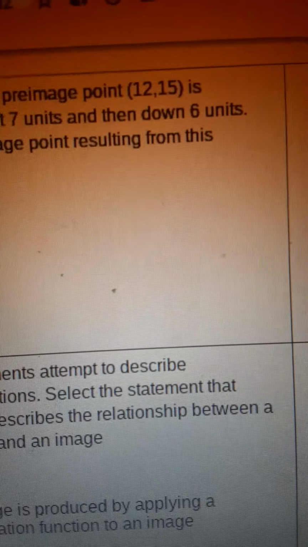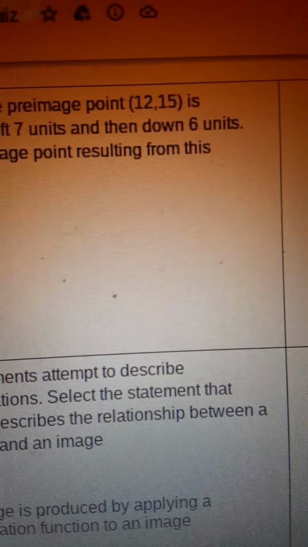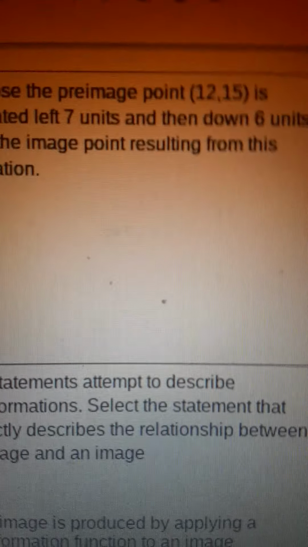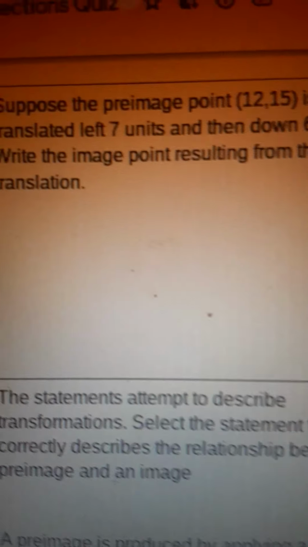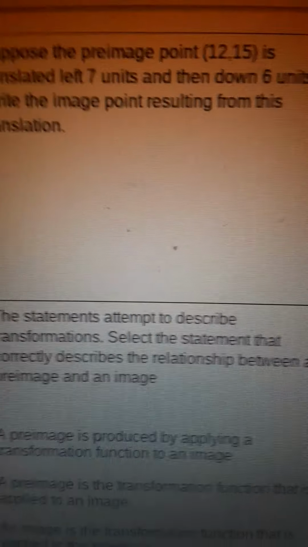Down 6 units, you subtract as well. So 15 minus 6 is 9. The coordinate of the image point would be 5, 9, if you use that rule that you have given us.